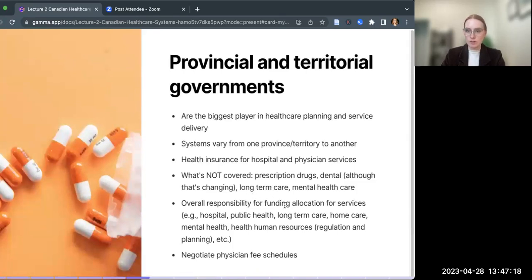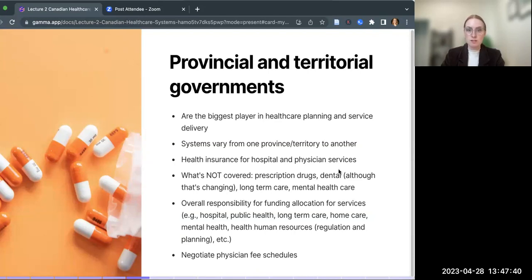So as I said before, the federal government, outside of some involvement in the health of Indigenous peoples, as well as the active members of the military, really hands over control of health service delivery to the provinces. So in terms of health service planning, the provinces are the biggest player regarding health policy.